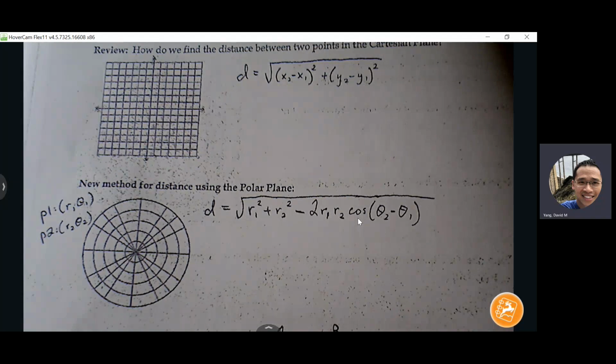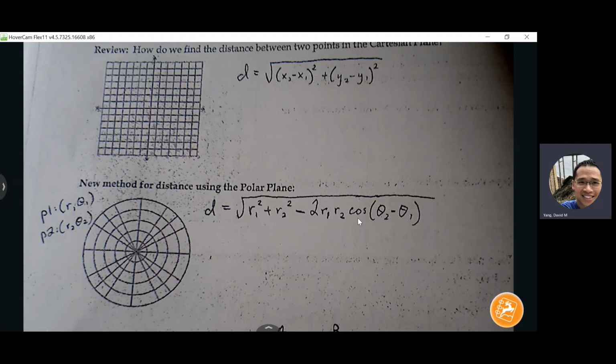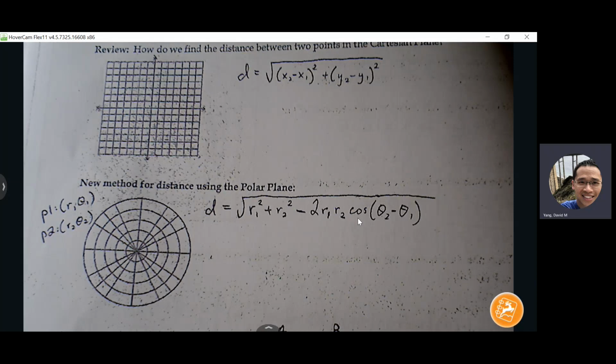If we want to find the distance using ordered pairs where your pairs are r and theta, it has a similar form, but there's a little bit more involvement. We do r1 squared plus r2 squared, minus 2 r1 r2 cosine of theta 2 minus theta 1. A little more involved, but it has a similar format. We're still relying on both the r values and both the theta values to get that distance.